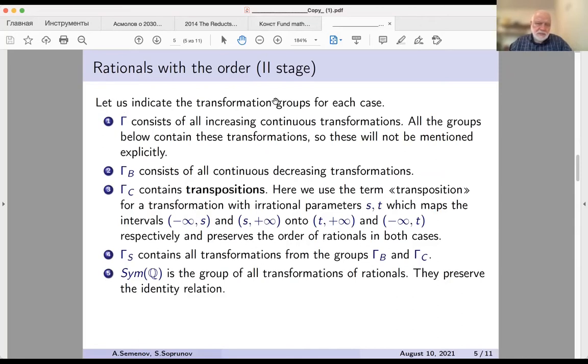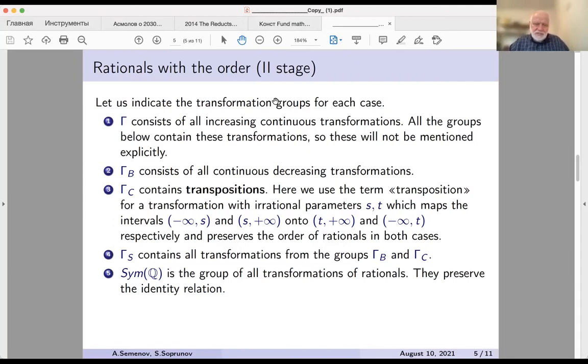Let's start with just the order relation. For the order relation, it was discussed even in my first presentation for the project. The group consists of all increasing continuous transformations. You can easily imagine it, or it will be good if you draw it on a sheet of paper.